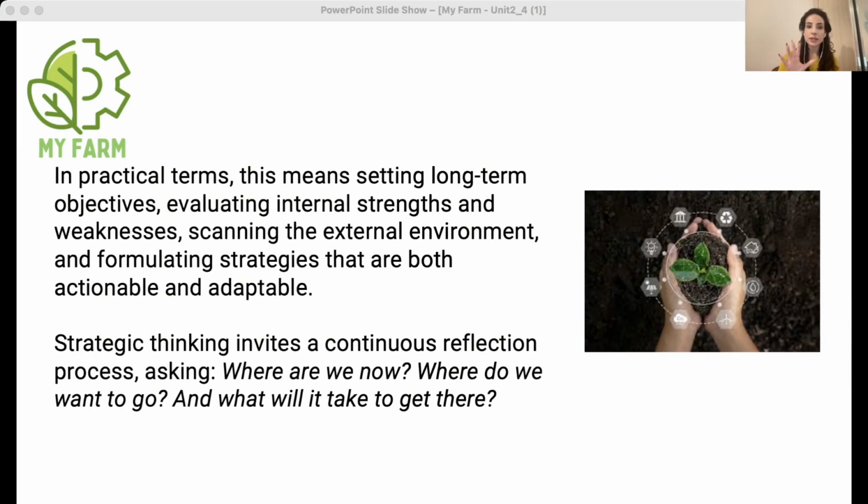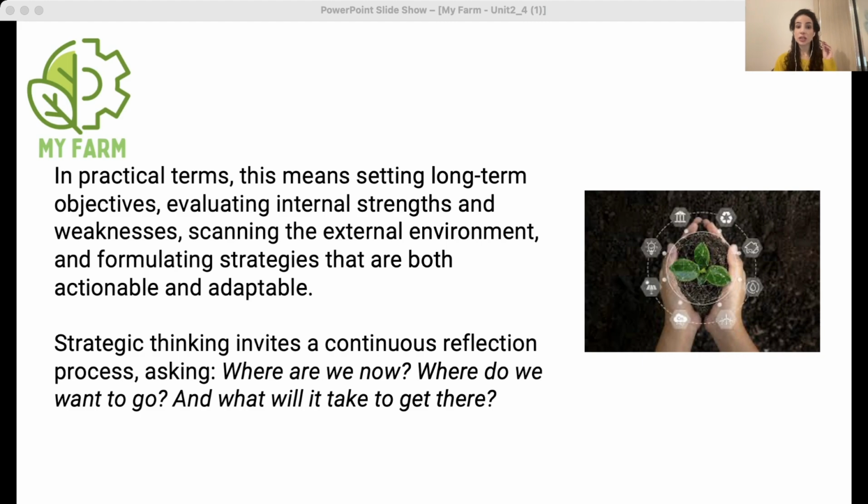In practice, strategic thinking translates into a series of concrete actions. It involves setting clear long-term objectives, honestly evaluating internal strengths and weaknesses, and paying close attention to external factors such as markets, policies, and environmental conditions.